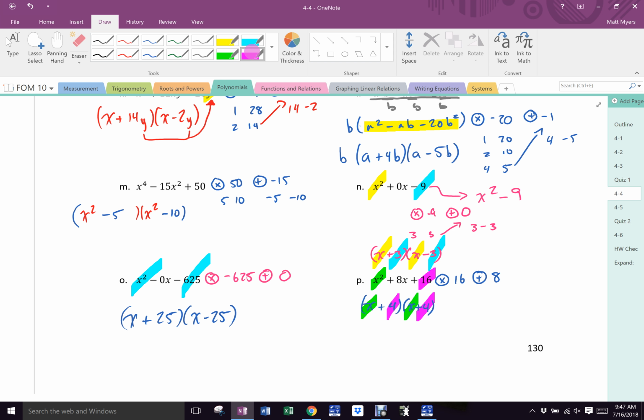Why is N and O different from P? Because in N and O, this middle term isn't really there, is it? Why is it there here?